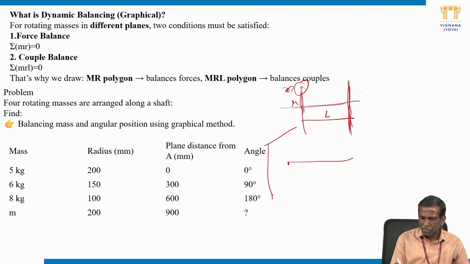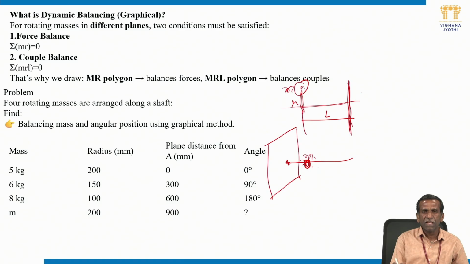Okay, let me draw the plane. This is the plane. In this plane, 0 orientation. 0 orientation means in this direction, and that is 5 kg. I will write M1 for this one, and the radius is where it is located from this reference point. And the second one is 6 kg, 150, this is a 200 mm radius.